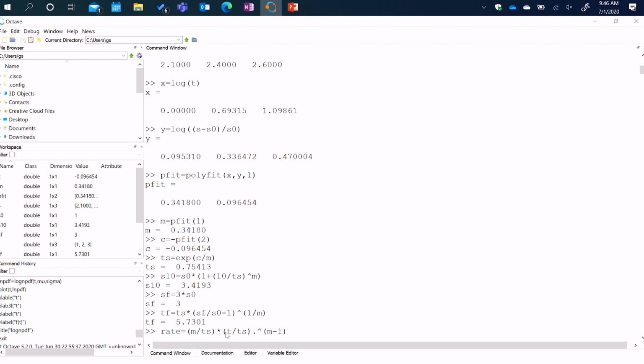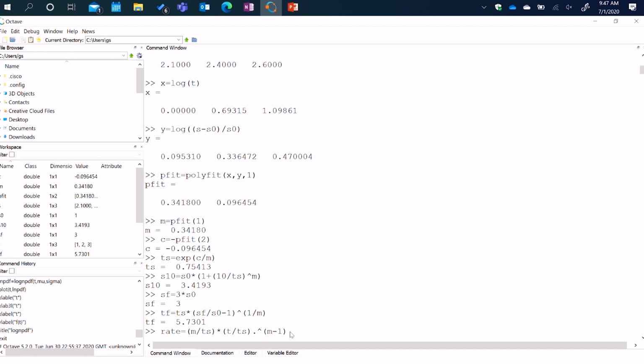Now this is equivalent to taking the first element of T raised to the power m minus 1, second element of T raised to the power m minus 1, third element of T raised to the power m minus 1, and giving me a result which is an array as well. So this rate will have 3 values corresponding to the 3 different times.